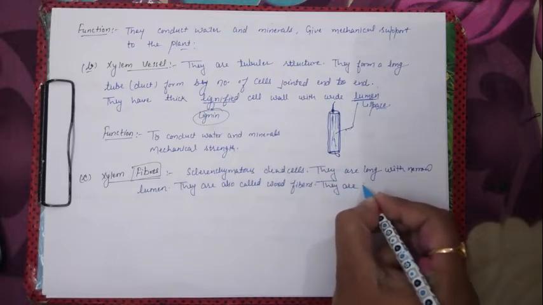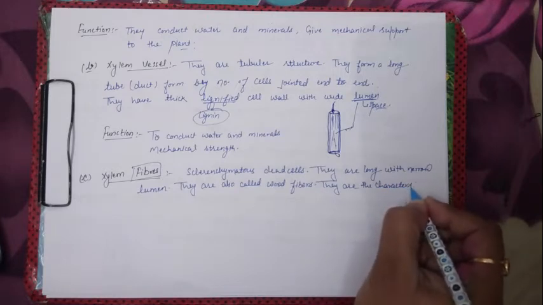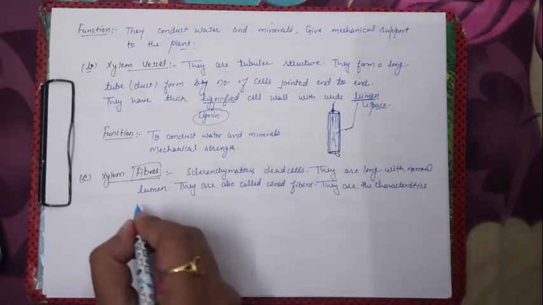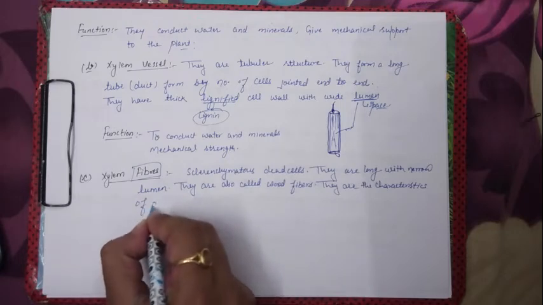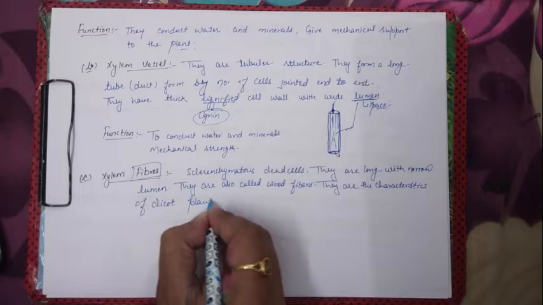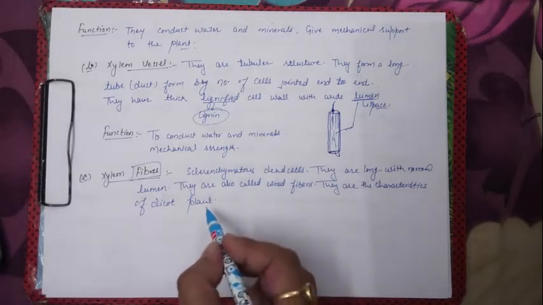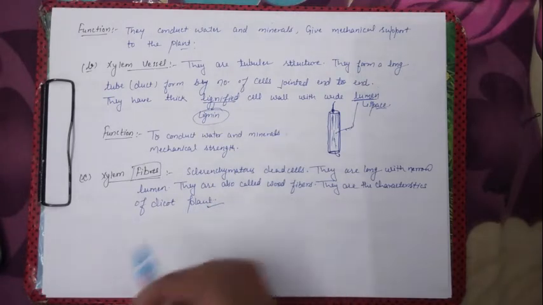They are a characteristic of dicot plants, meaning they are absent in monocots. They are only present in dicot plants.